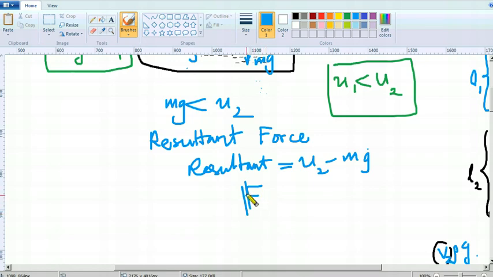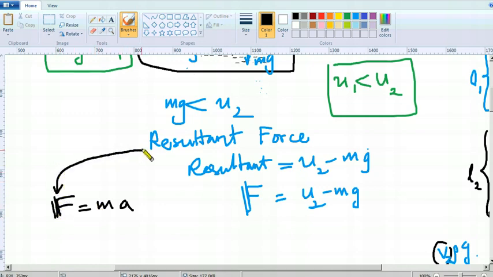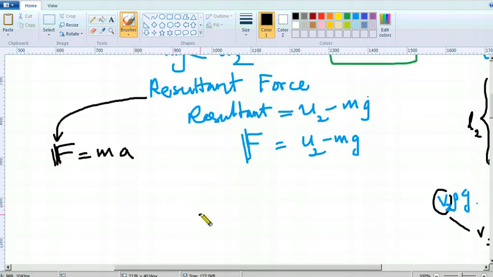So this one is the resultant force. Sometimes we write two lines here for F. So this one is the resultant. Now we are going to use F equals ma. When we use F equals ma, what is this force? That must be the resultant. You remember that, otherwise you will get wrong answers. Therefore we have to use this combination for that.